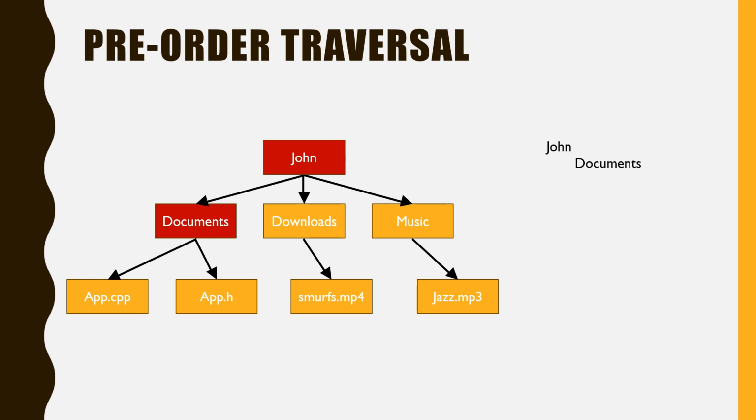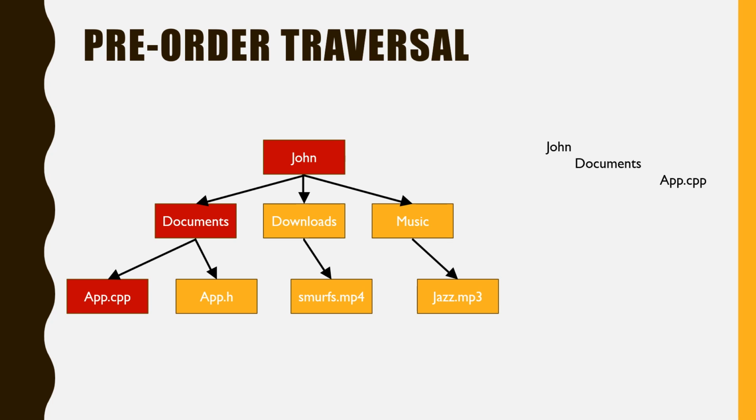We encounter the subtree rooted at Documents. Since we visit the parent first in pre-order traversal, we can immediately output the information Documents. Next, we access the child of Documents and output app.cpp. At this point, there are no further nodes to explore beneath app.cpp.